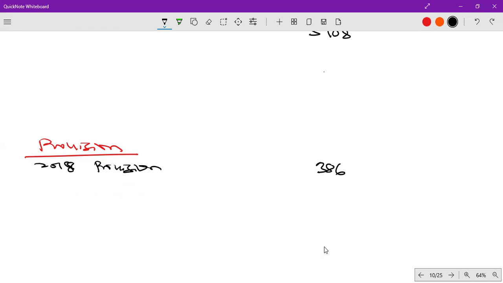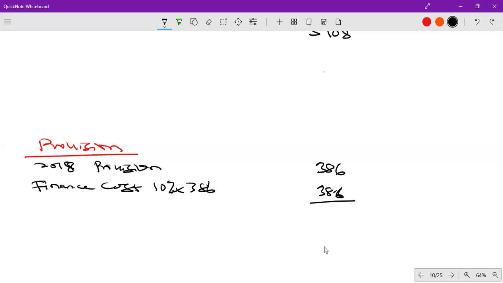What will be the unwinding of discount at the end? Finance cost, which will be 10% times 386. 38.6.